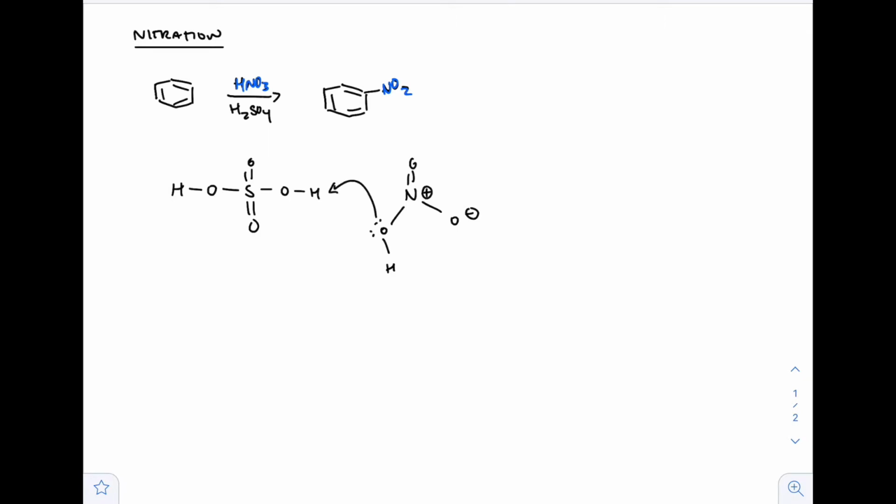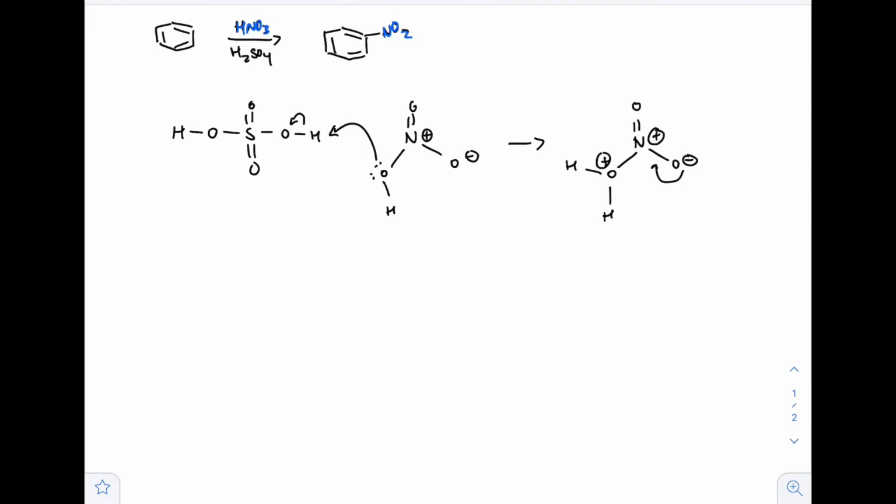Sulfuric acid looks like this on the left, and then we've got our nitric acid that does the attacking of that sulfuric acid. You get protonated oxygen on there, and after that, what we've got here is something that looks like a pretty decent leaving group, right? So remember, we were doing what we can to make the NO2 electrophile that we want.